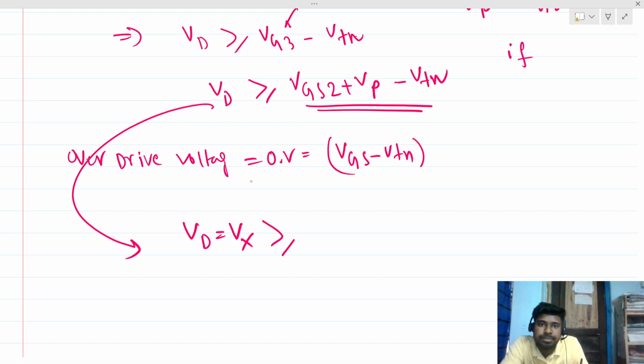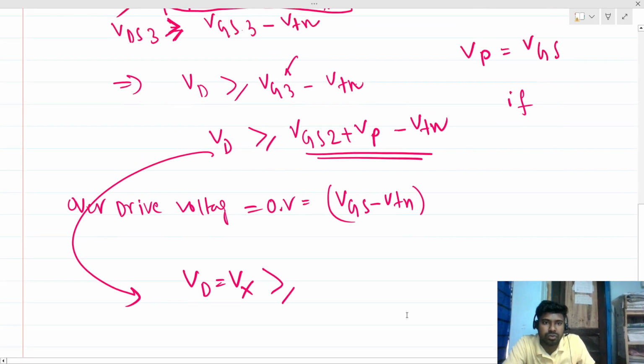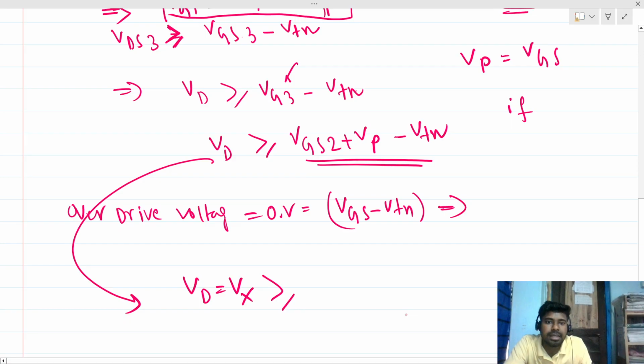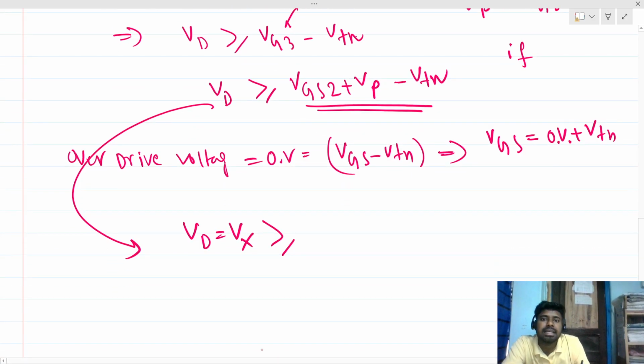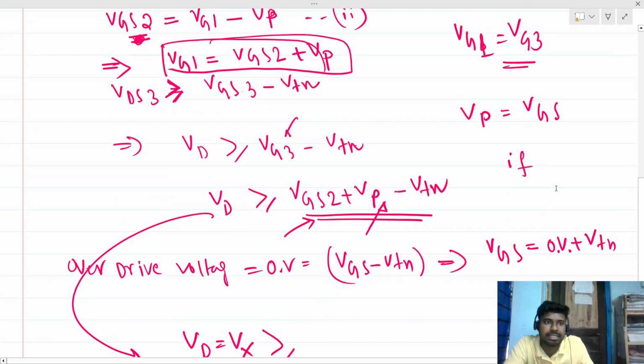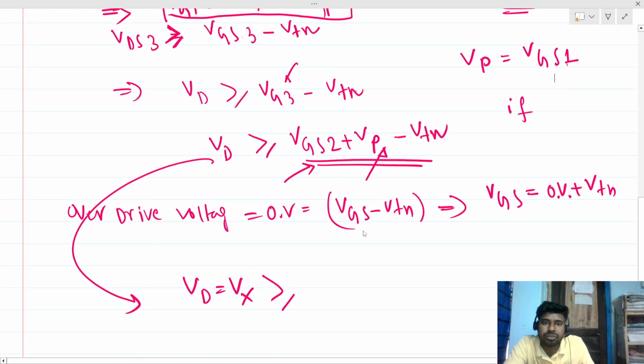So from here we can write that VGS is nothing but overdrive plus VTN, right? Now we will write that this is VGS2 and this is VGS1.